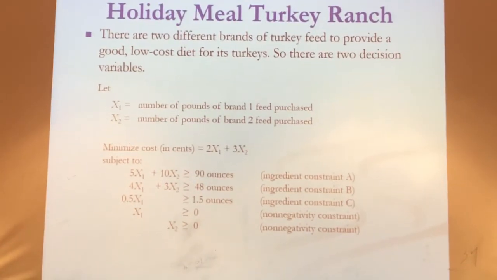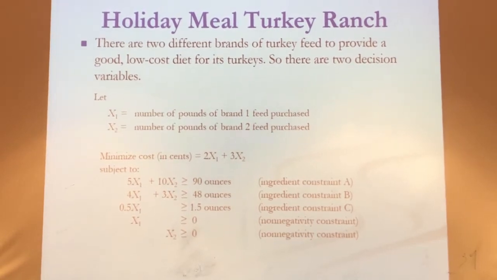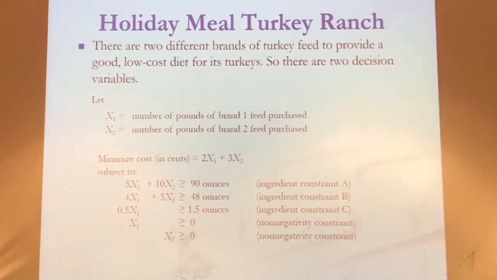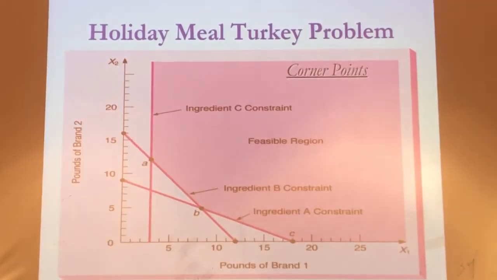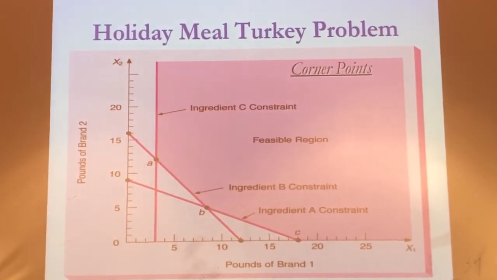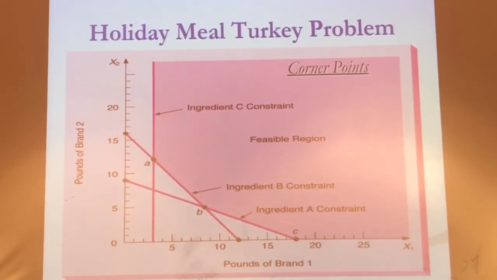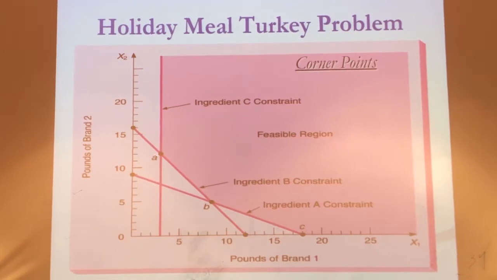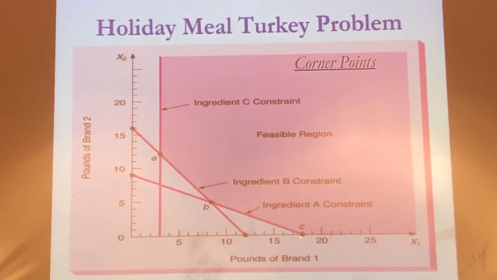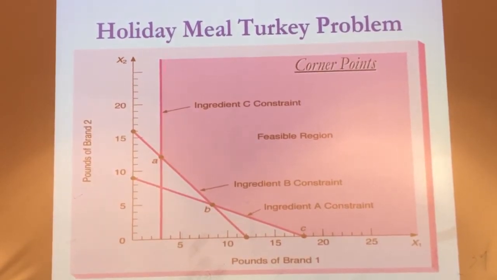We have this formulation here. Okay, you have already done it. This is the feasible region here, and the corner points are A, B, and C. Please note this third constraint.